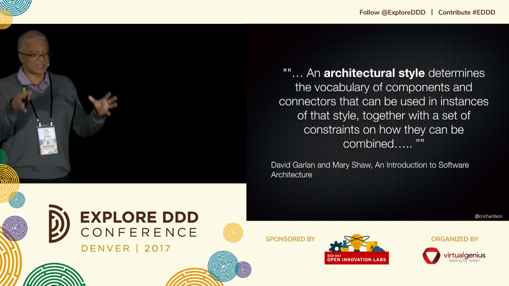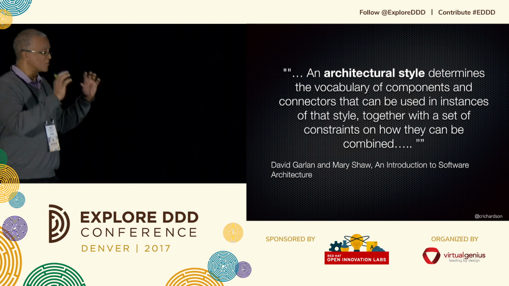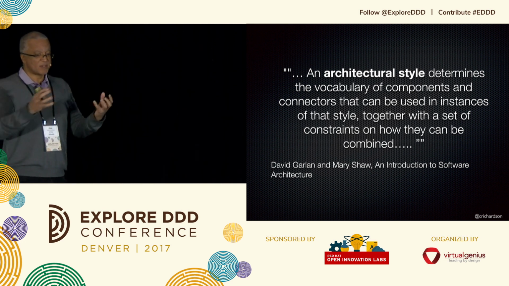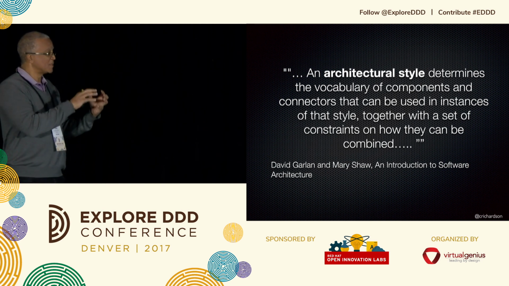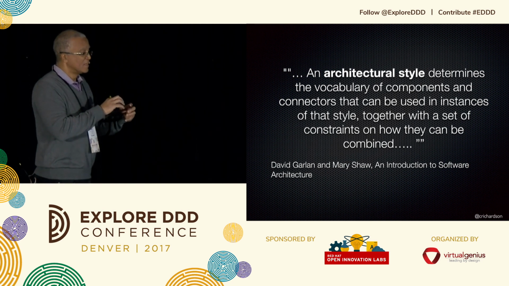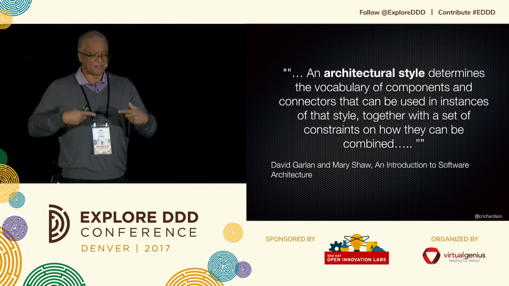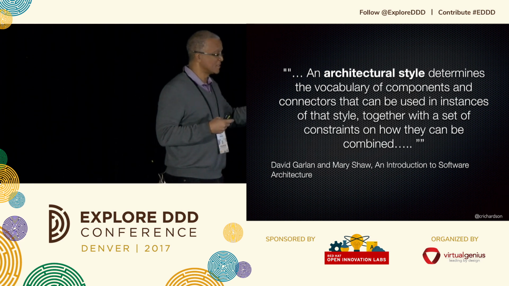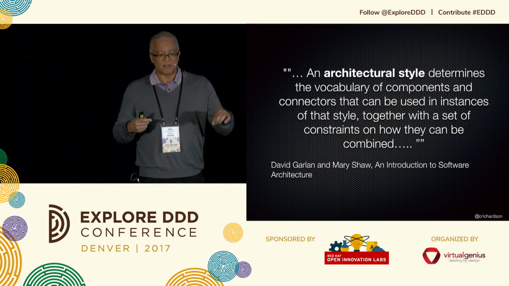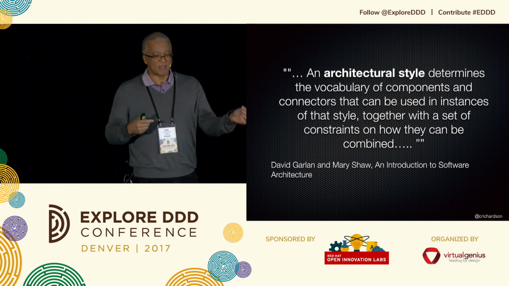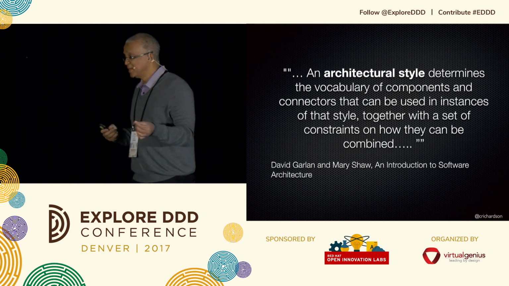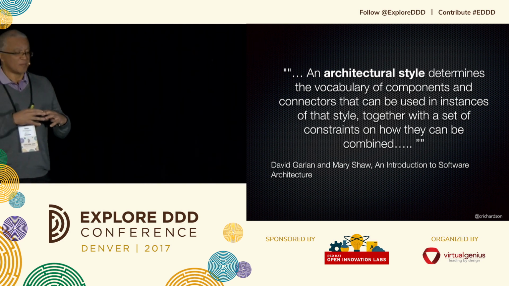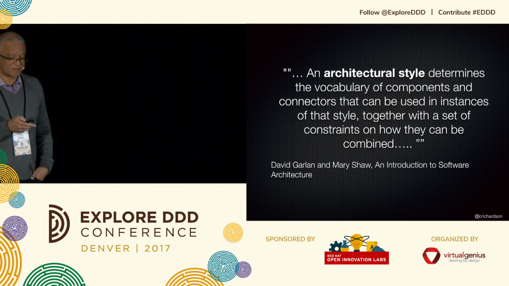Basically, an architectural style constrains the elements and the relationships that are the building blocks of your architecture. This definition, written by some other people, uses the term components and connectors, but that's equivalent to elements and relations.